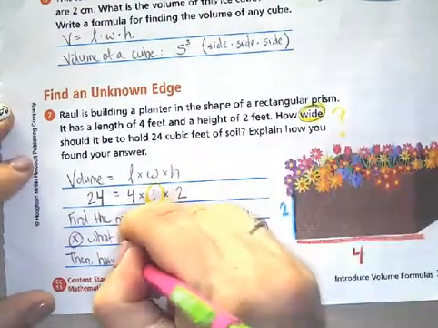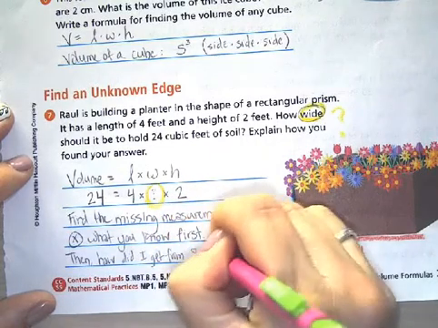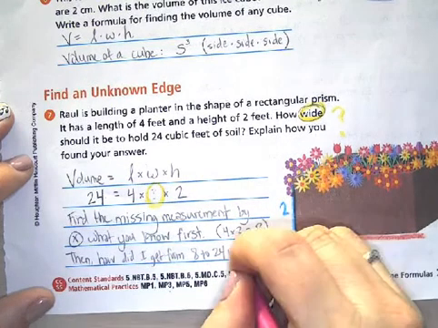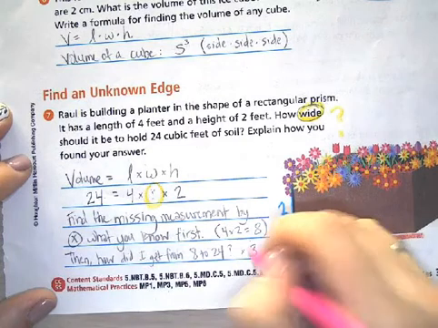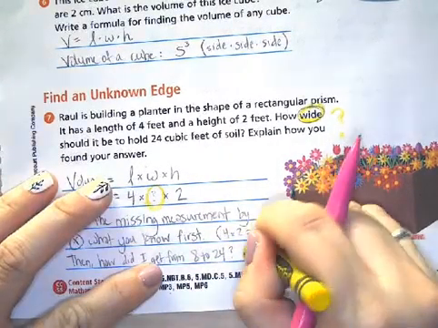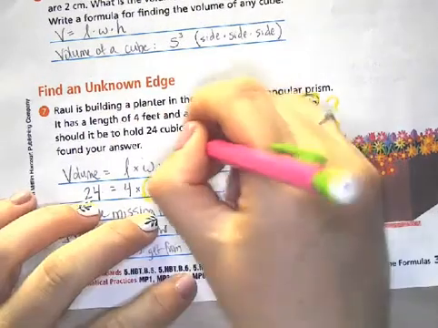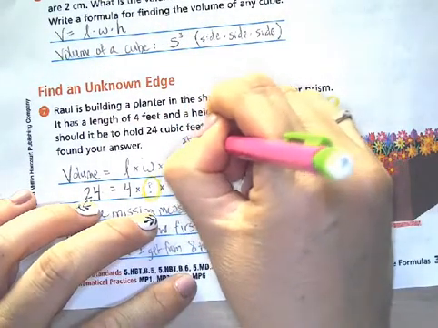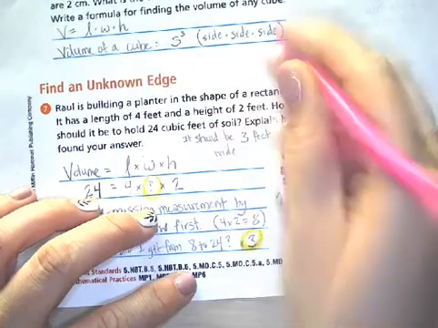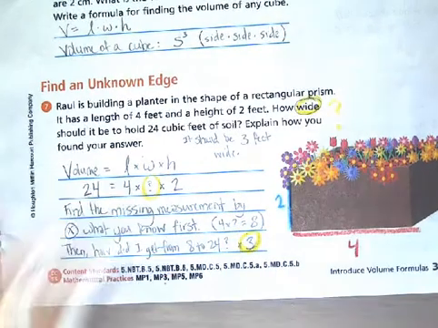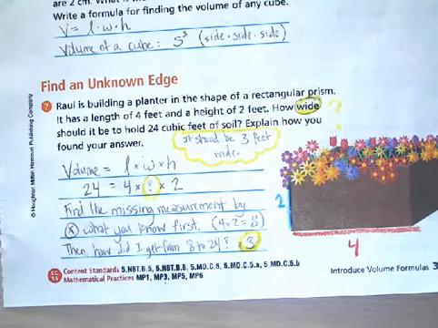How did I get from 8 to 24? Ask yourself that question. How did I get from 8 to 24? I times by 3. So 3 has to be the missing piece. So the question is, how wide should it be? It should be 3 feet wide. And then I just did all of my explanation right there at the bottom.